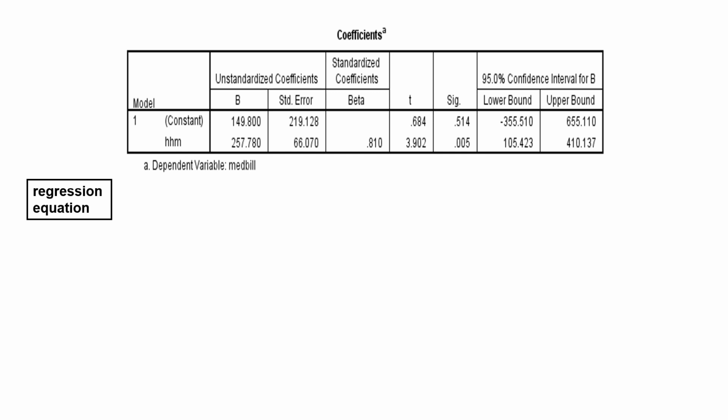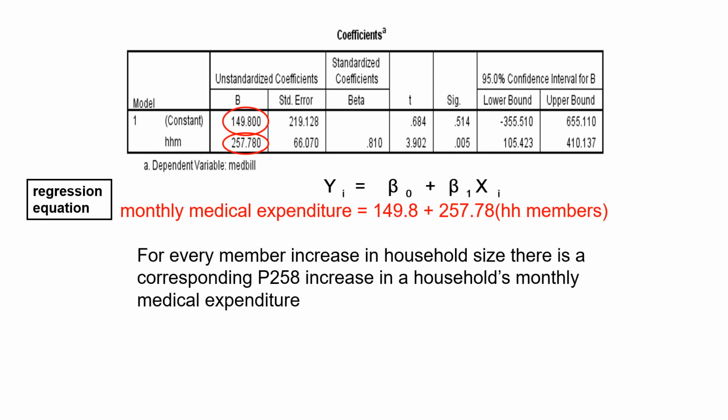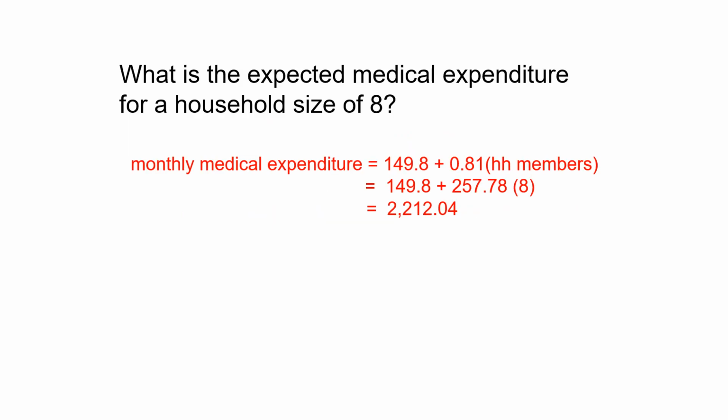The computer output provides the equation or formula for the relationship and is interpreted as follows. And likewise predicts the monthly expenditure for a household size of 8 using the equation derived from the data.